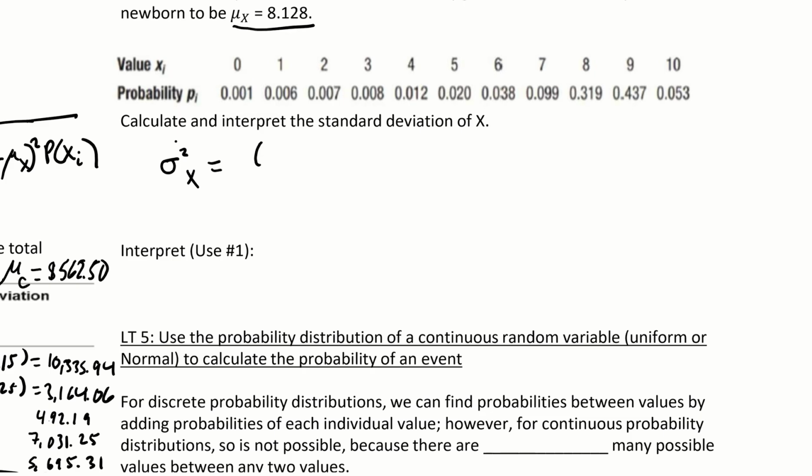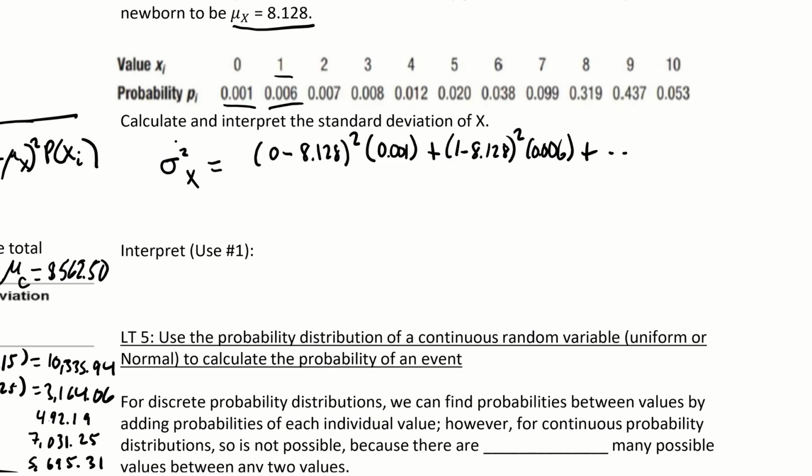So we're going to do 0, that's the x value, 0 minus 8.128 squared times the probability, which is 0.001, that's the first one, plus, and then now we're going to do 1 minus 8.128 squared, that's the squared deviation, times its probability, plus dot dot dot. And then all the way to this one, right? So 10 minus 8.128 squared times 0.053.